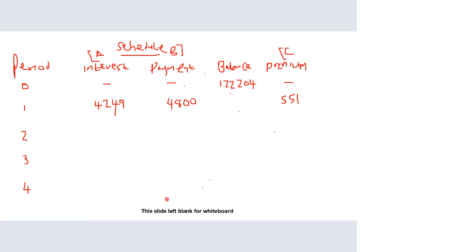Now we move to the balance. Now the balance here we will obtain by subtracting the premium from the balance of year zero. So remember year zero, we had 122,204. That's why I told you it is very important to indicate it there so that we don't make mistakes. So subtract 551 from 122,204.